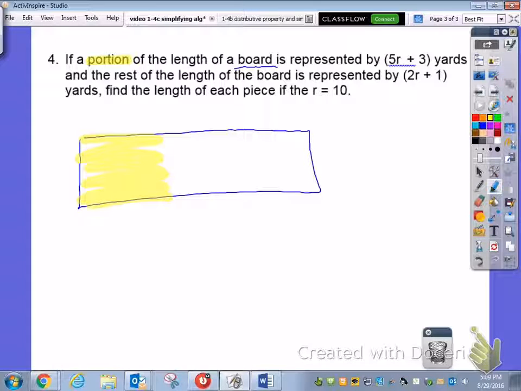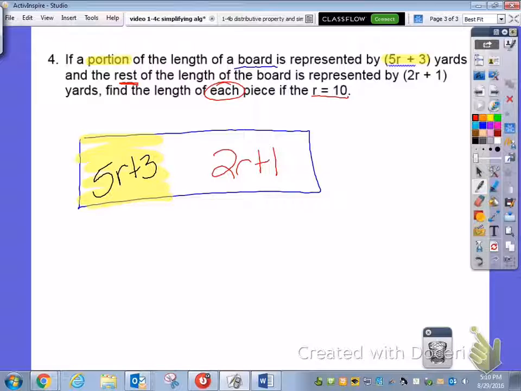So a part of the board is 5r plus 3. So this part right here is 5r plus 3. The rest of the board is 2r plus 1. So this is the rest, so everything else is 2r plus 1. Okay? Find the length of each piece if r equals 10.